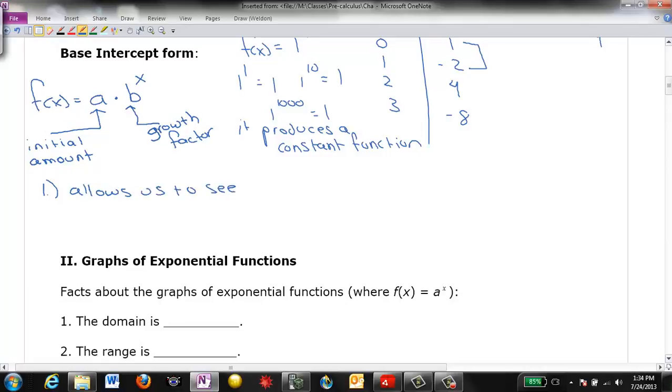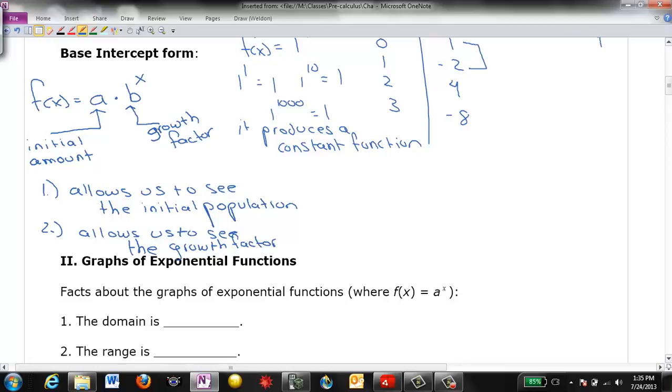Some advantages of this particular form: 1, it allows us to see the initial population right away just by looking at the function. And 2, it allows us to see the growth factor right away.